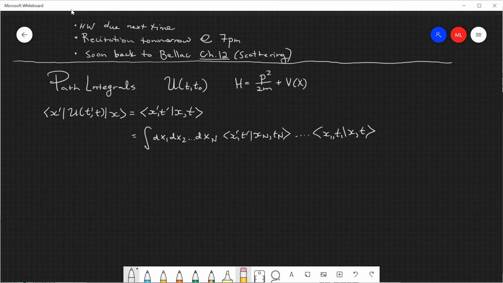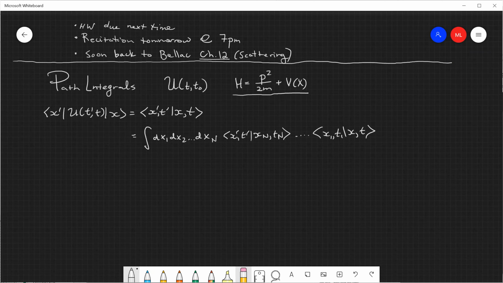So we just stick in a bunch of completeness relations and get this composition property, that you don't have to take an inner product between two times that are far apart from each other. You can just look at a product of these little propagators over infinitesimal time differences. And that actually lets us, for Hamiltonians of this type, calculate what the propagator is.